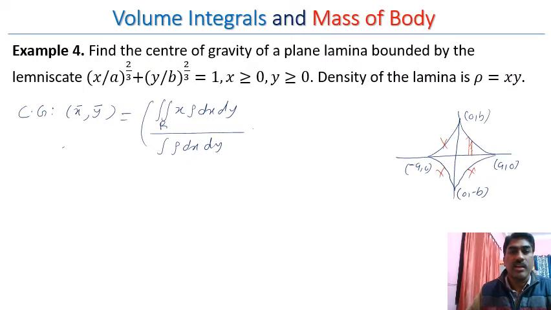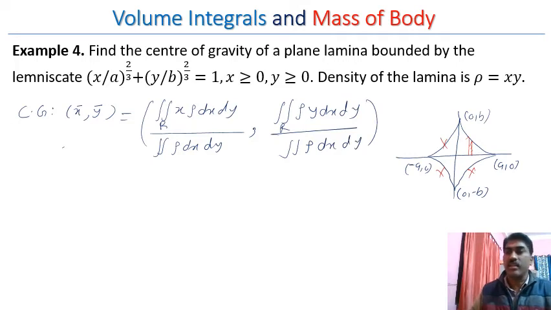The formula for y bar is the double integral of rho y dx dy divided by the double integral of rho dx dy. First we will calculate the mass that appears in the denominator, then we will calculate the moment of mass that appears in the numerator. So let us start.